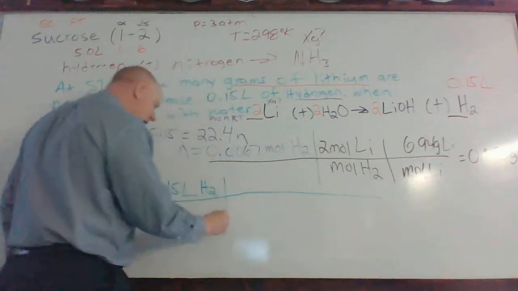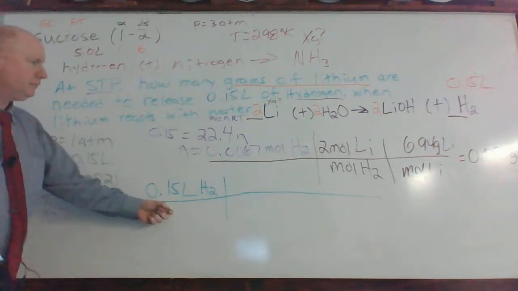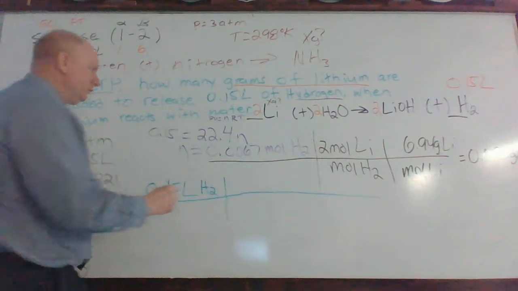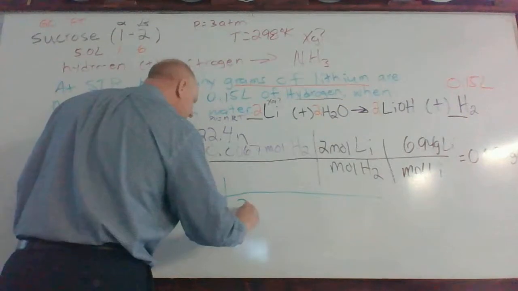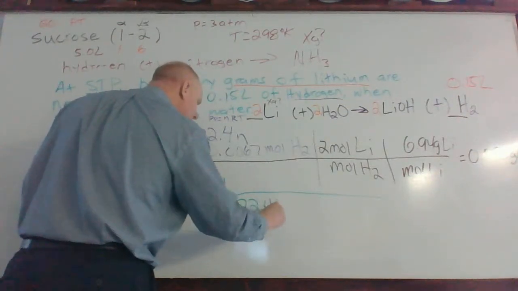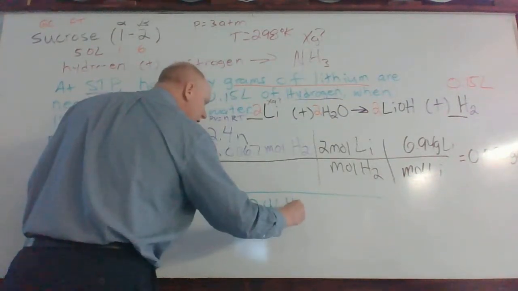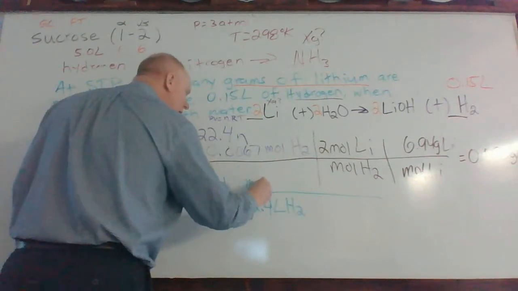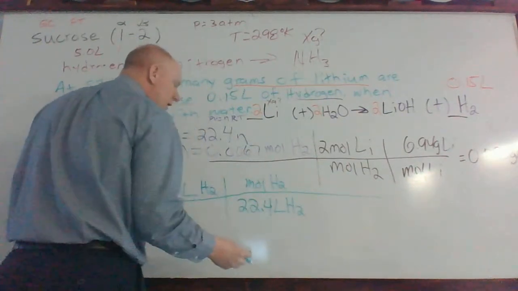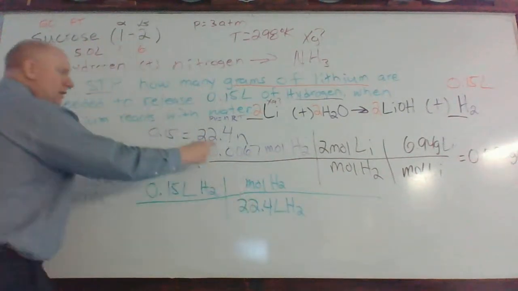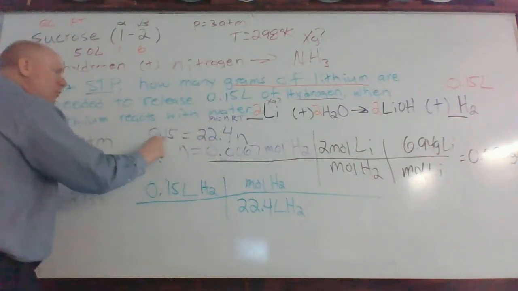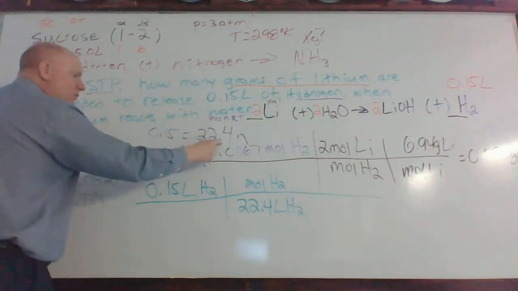All right, so how do we cancel out liters of hydrogen? A mole of hydrogen. And notice, we know we got to divide because even that's what we did up here. 0.15 was divided by 22.4.